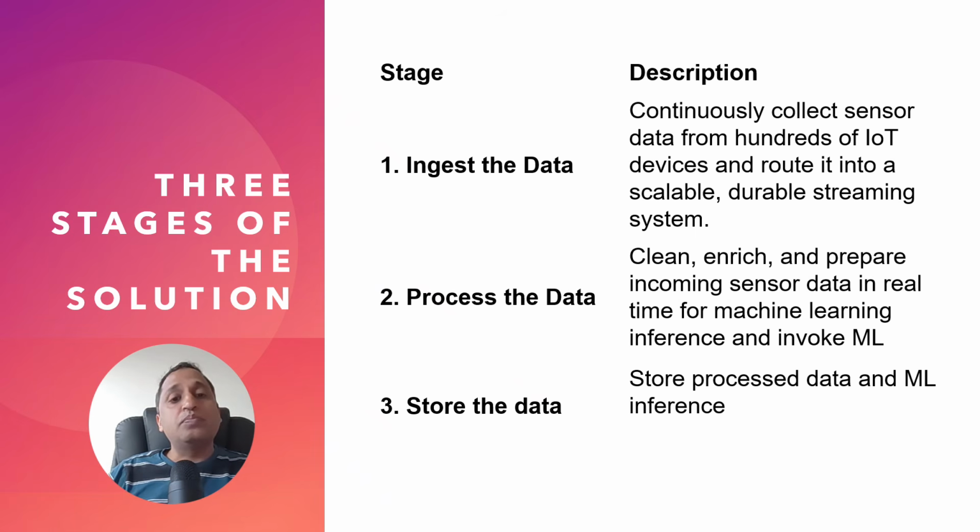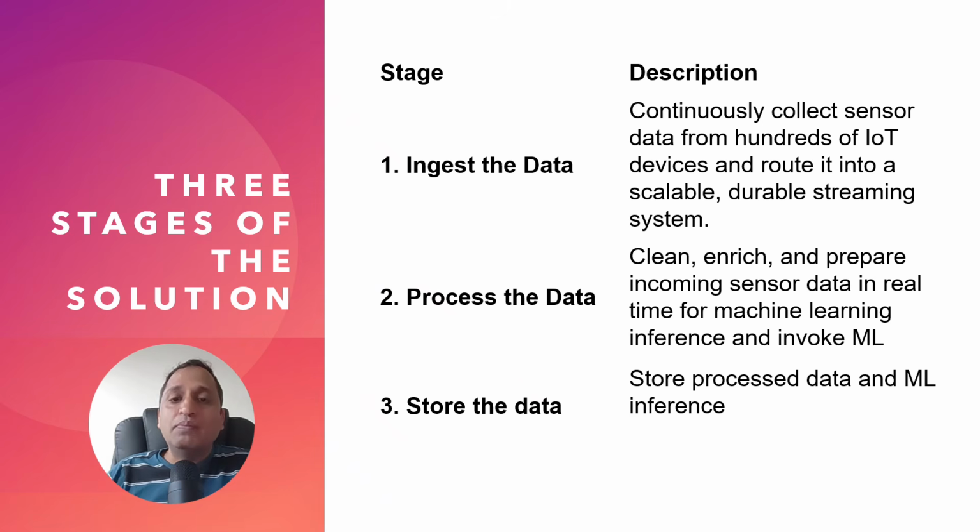Stage 2 is processing the data. Here we apply real-time processing logic: we have to parse the data, clean the data, filter the data, and aggregate the data, so that the data is ready for inference. The whole goal is to detect anomalies. That means I should be able to invoke an ML model which can detect anomalies based on my streaming data.